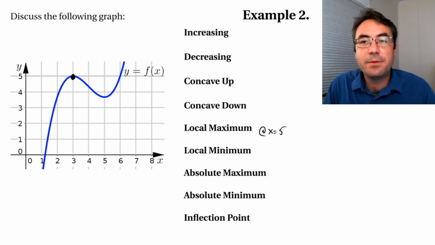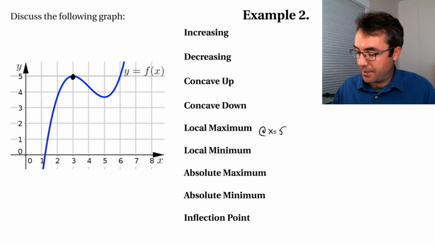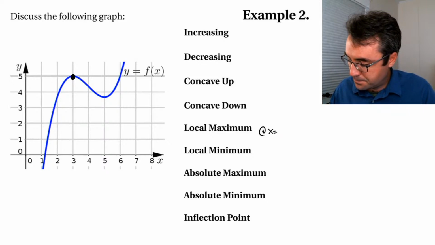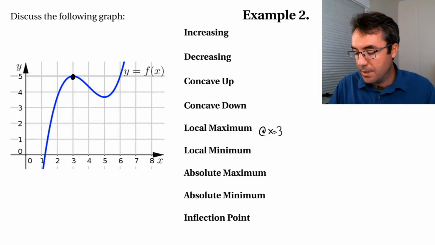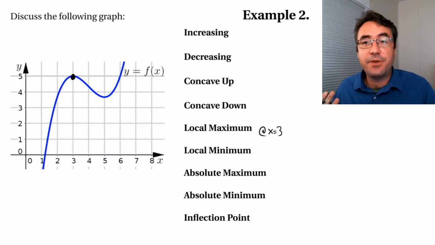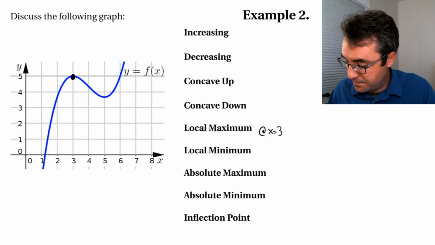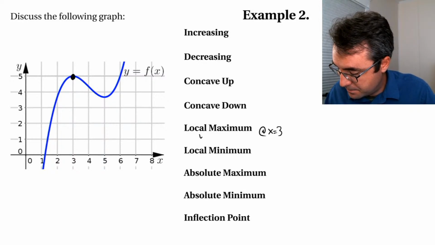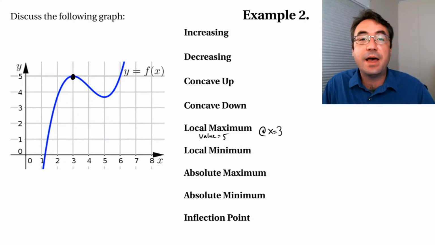And then the local minimum is, or at x equals 3 rather. So the actual maximum value though is 5. So the local maximum value is equal to 5, but it occurs at x equals 3.